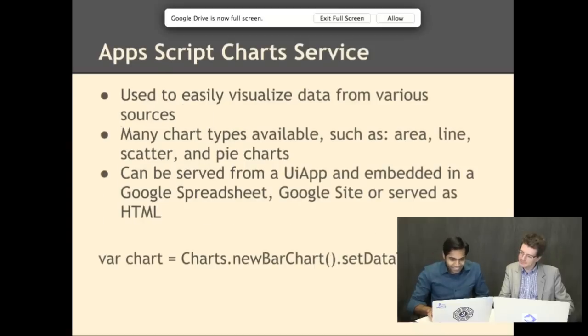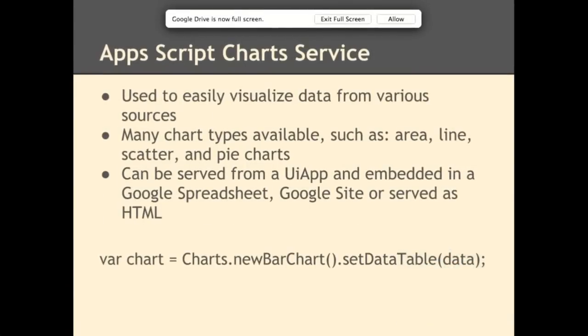All right. So what is a chart service? It's a part of AppScript. It's a service that gives you access to several different types of charts. Examples are area charts, line charts, scatter, pie. There's many of them. Combined with controls that I'll get to later, served from a UI app. And I think I already mentioned this.